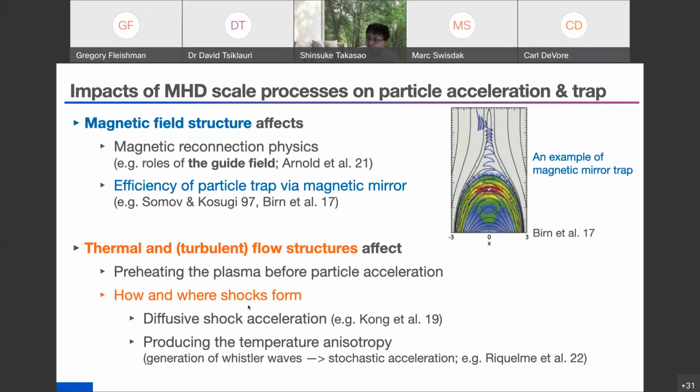If the plasma has a temperature anisotropy, the temperature anisotropy instability can occur to generate whistler waves. Those waves can play a role in stochastic acceleration mechanisms. So with these points in mind, we are studying the MHD scale processes.